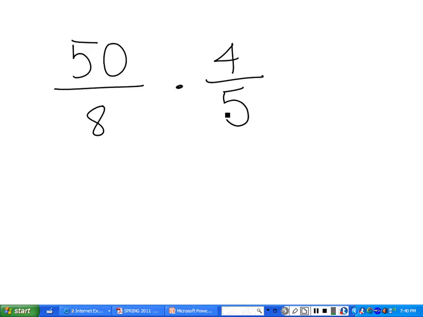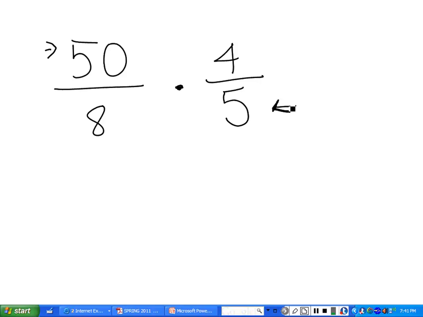So notice in this particular case that as long as you have a number in the numerator, or in the top position, for example this 50, and this 5 is in the denominator, in the bottom position, you can reduce those two numbers before you get to the end, okay?